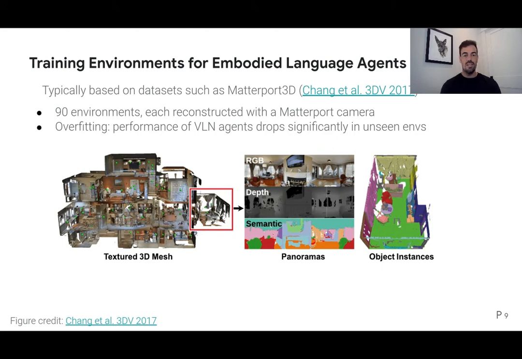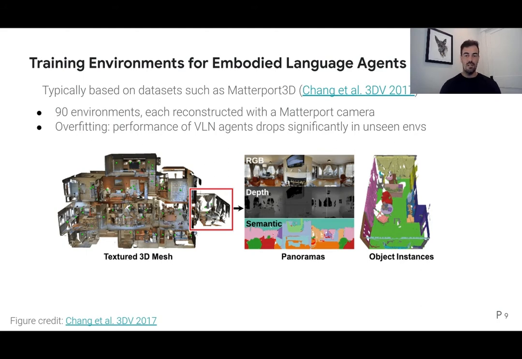Matterport 3D contains 90 environments, each reconstructed with a Matterport camera. And as a consequence, I guess, of the relatively small number of environments, what we see when training vision and language navigation agents is that there's a lot of overfitting: performance of these agents might be quite good in the training environments, but it drops significantly in unseen environments.